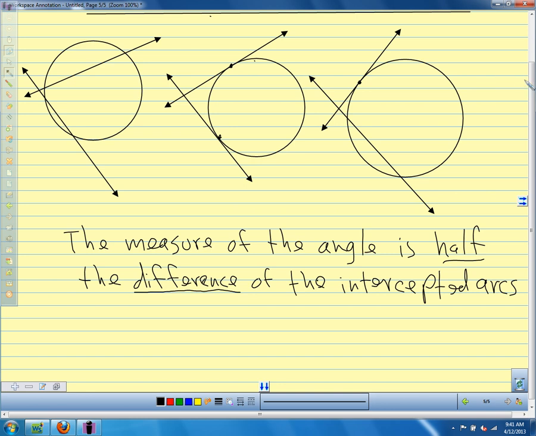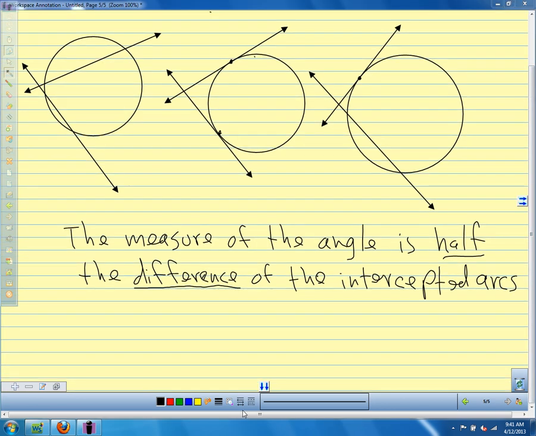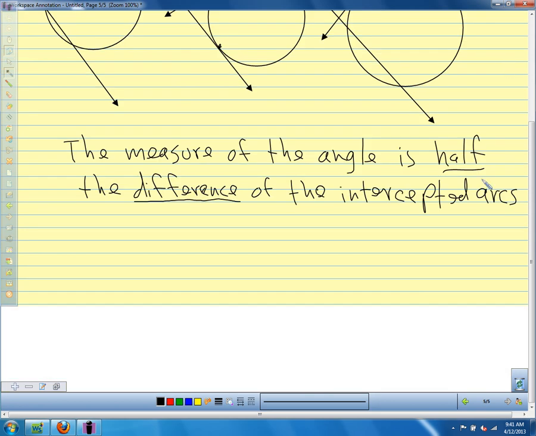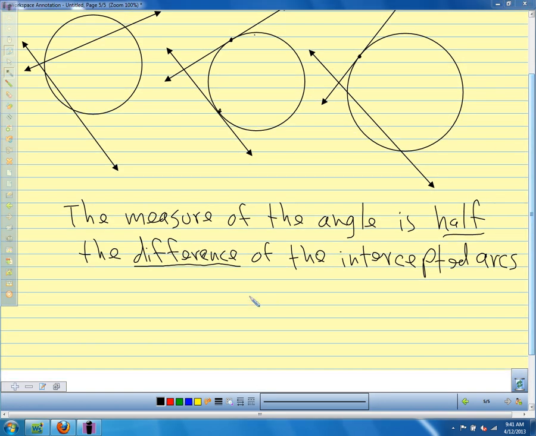And difference means what? Subtract, right? And in shorthand, I write the angle equals the arc minus the arc divided by 2.